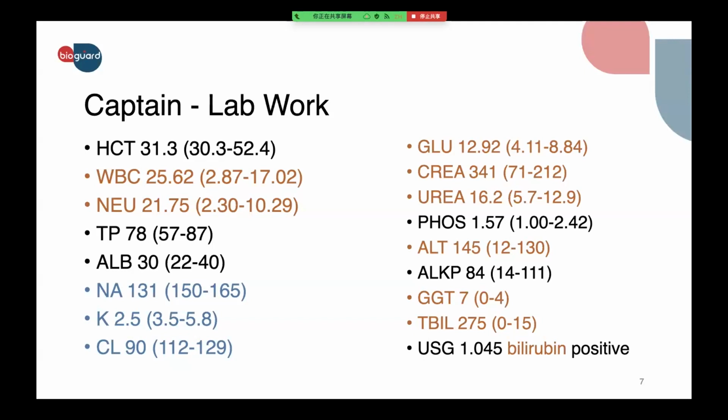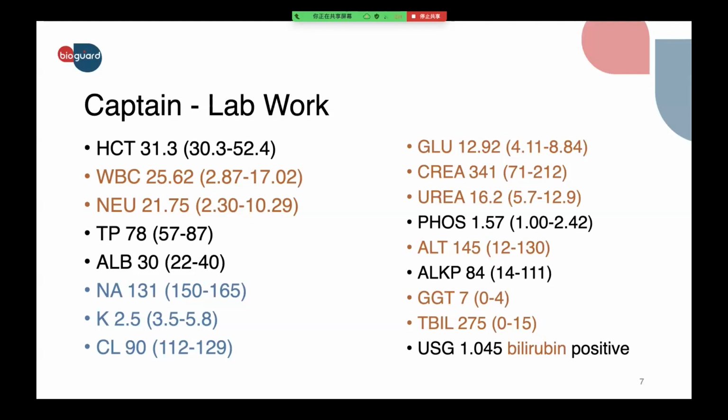Combined with Captain being a dehydrated cat and the USG being normal, I would say it's more likely pre-renal, due to the dehydration, causing the renal parameters to get higher. And we do definitely see inflammation in the body. We need to check later what makes the inflammation happen.